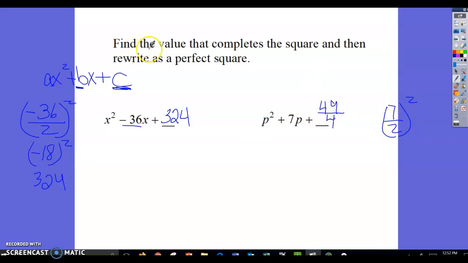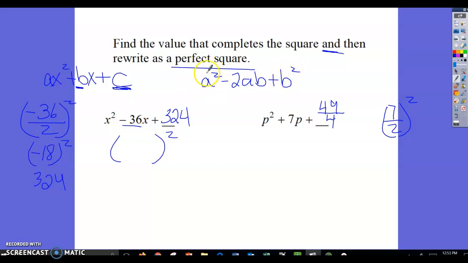It says find the value that completes the square and rewrite as a perfect square. Once I complete the square, this is now a perfect square trinomial. That means I can write it as a binomial squared. If you remember, a perfect square trinomial is a squared, in this case negative, so negative 2ab plus b squared.